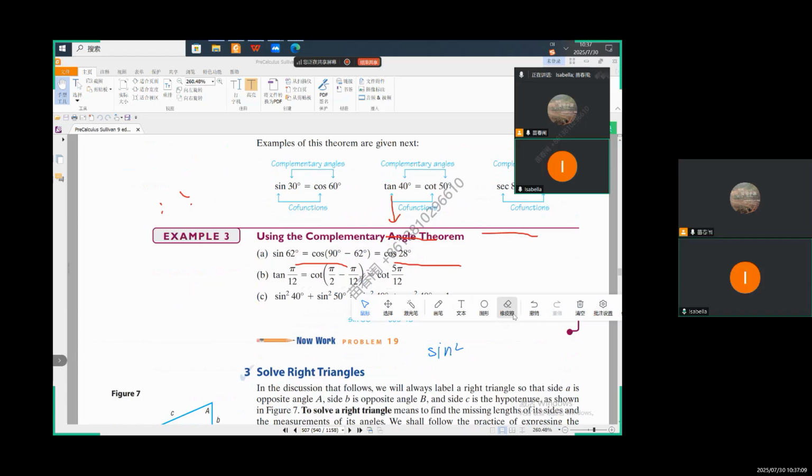I guess this would be sine 40 degrees cos. Oh, not those. We don't have a direct formula for this. What's the formula for sine to the power of 2a plus sine to the power of 2b?